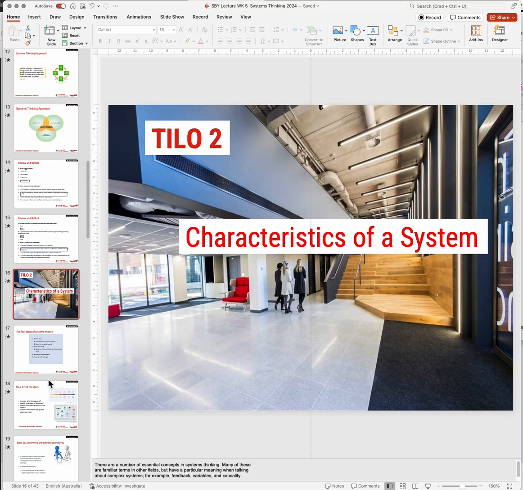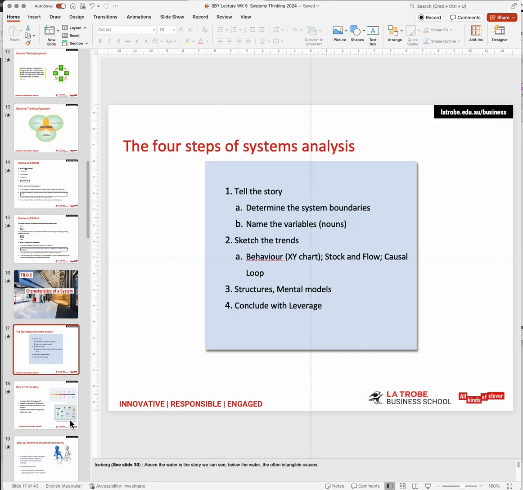I'm going to go on to the characteristics of a system and to slide 17. Please take note that slide 17 is what you need to answer question 4 of assessment 2. Next week we're going to be working on the plan for assessment 2, and you're going to have to answer one part of question 4.